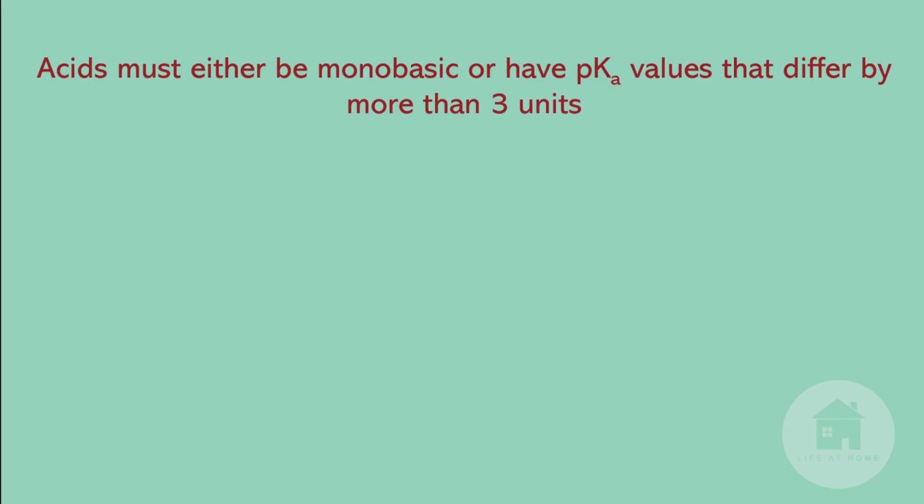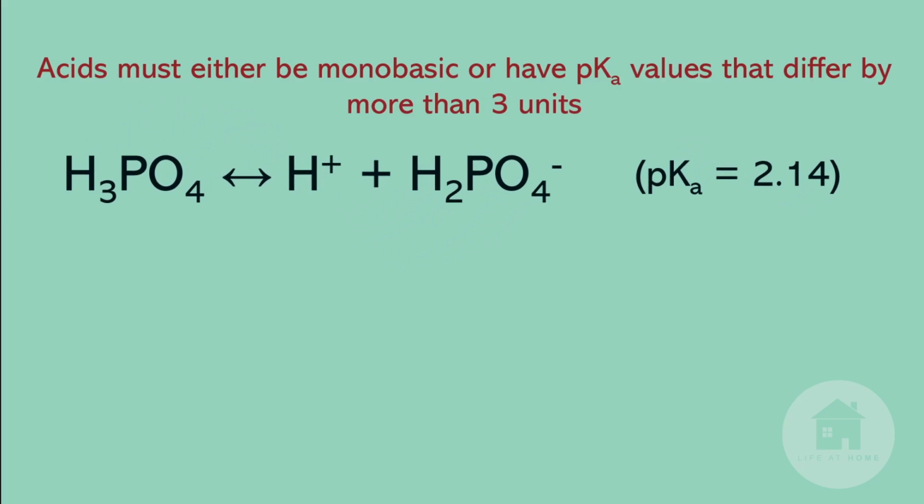Okay, so for an example, we'll take a look at phosphoric acid. We know that that's got 3 hydrogens that can dissociate. And of course, the first one is the dissociation where your phosphoric acid breaks apart into your H3O plus, or H plus for short, and your dihydrogen phosphate ion, and that has a pKa of 2.14.